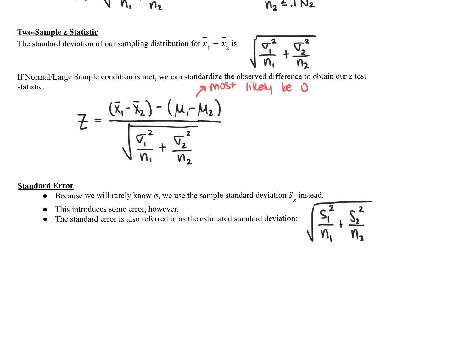So again, similar to when we were conducting just a regular confidence interval for a mean, if we didn't know our population standard deviation, we used our sample, which became standard error. And it becomes the estimated standard deviation.